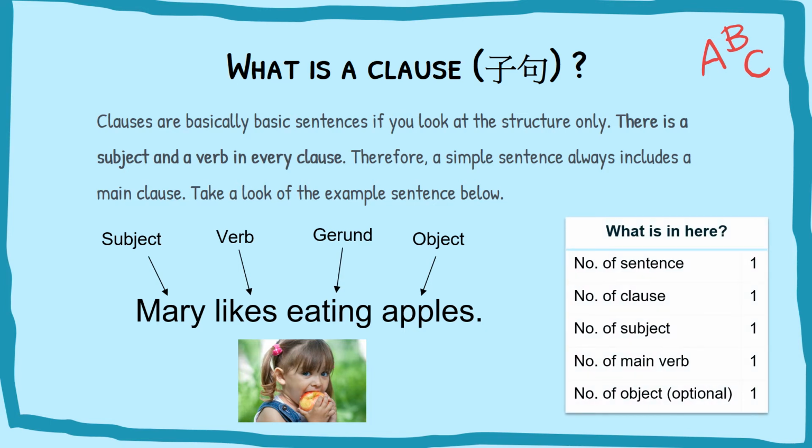So you can see we have one sentence here and one clause under this one sentence. And in this one clause, we have one subject, one main verb, and one object. And this table is going to be very, very useful for you. You will know how useful it is very soon.